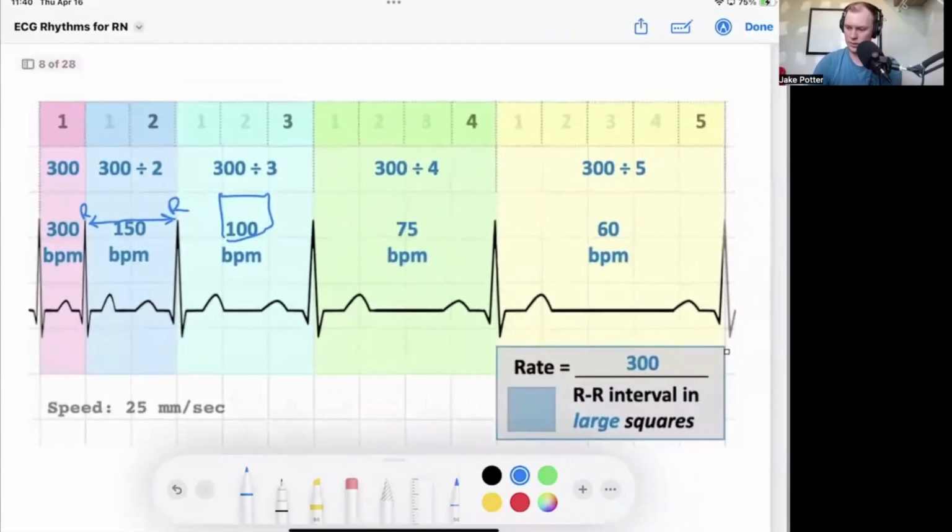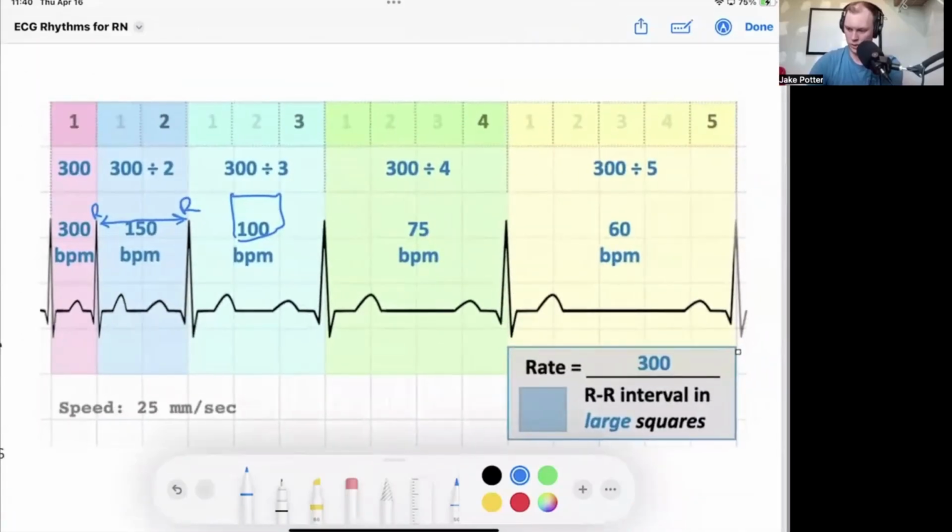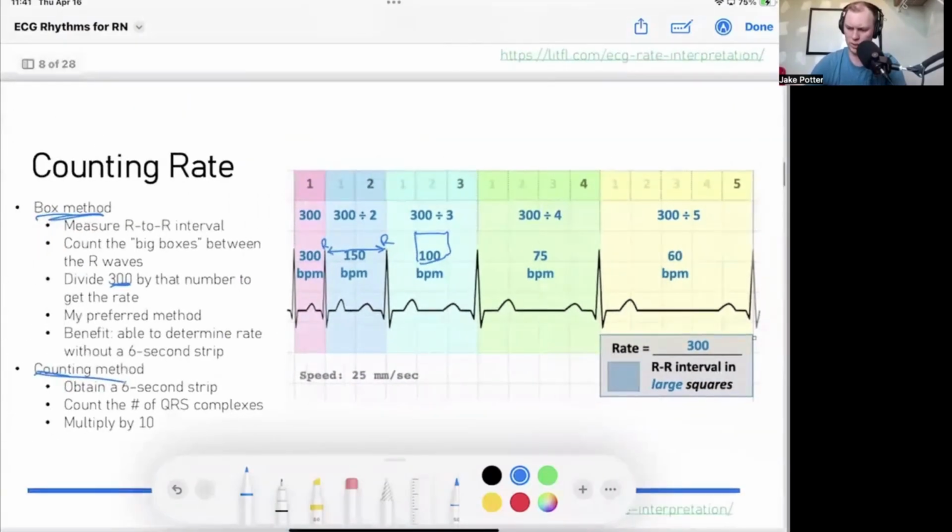If we look at the diagram here, one big box is going to be 300 beats per minute. That's really, really fast. So if you only have one big box between, that's a super fast rhythm. And then it breaks down in a very uniform fashion. For two big boxes, obviously it's 150 beats. Three big boxes is 100, then 75, 60, and it goes on and on until you get to zero. Again, really easy.